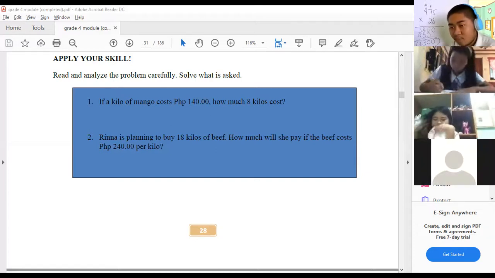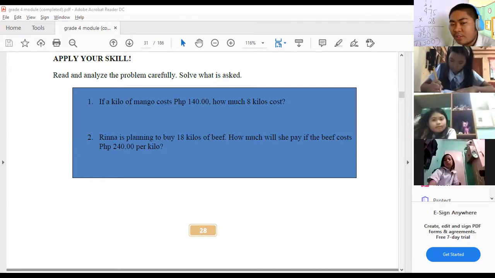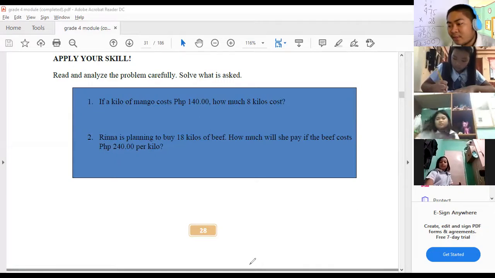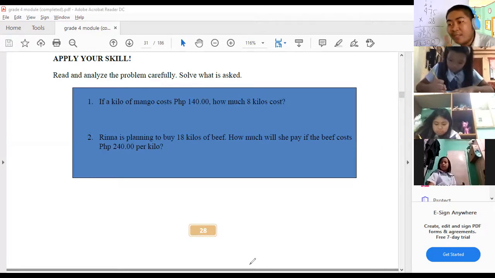Teacher, will we write just the answer? No, you need to use what is asked, what are the given, understanding the problem, ganon. So you need to follow the steps. And under plan, what are the operations to be used, what is the number sentence.